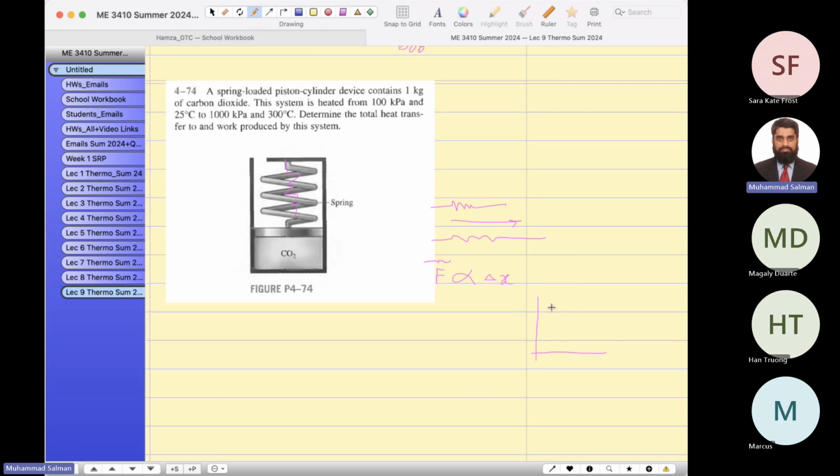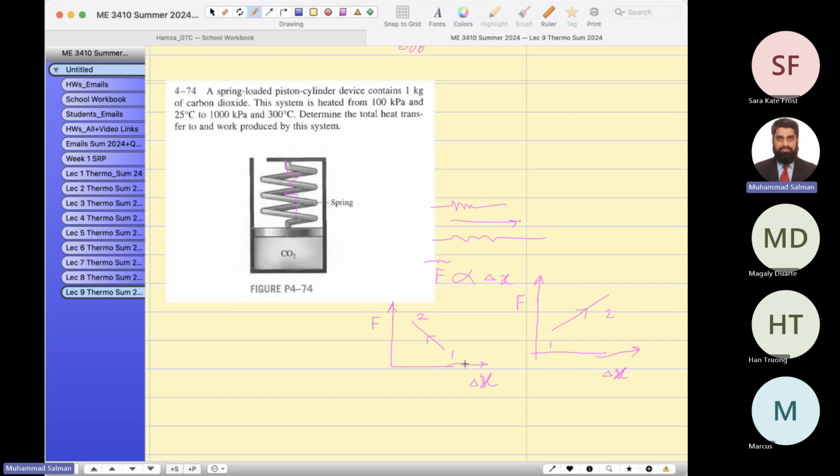Either you follow this expansion process, this is the linear spring, this is delta x, and this is the force. Or you follow this method, which is contraction. Delta x decreases, and this is F.